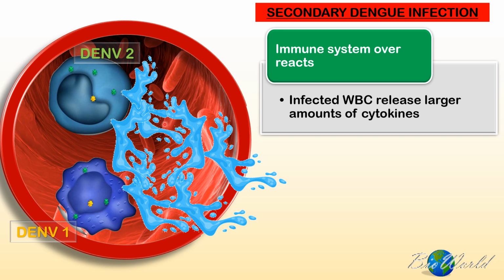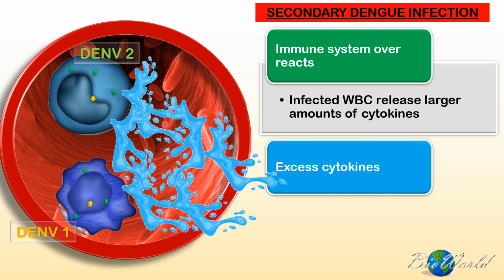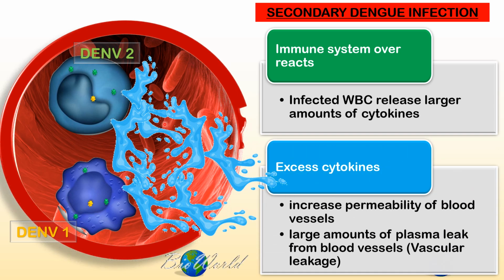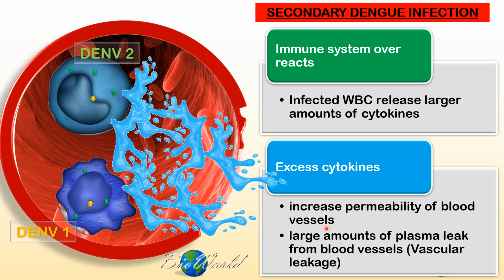But when there are large amounts, the effect is more complicated. The excess cytokines now will increase the permeability of the blood vessels. So as you can see now, there are bigger ruptures, and this will cause large amounts of the plasma to leak out from the blood vessel. So we call this vascular leakage.